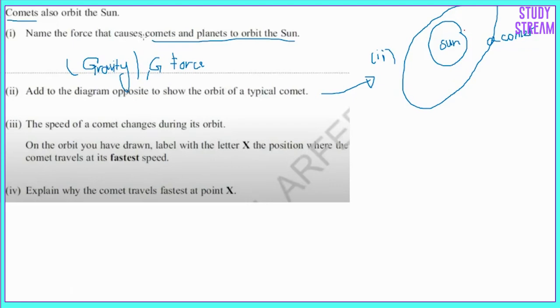So where on this orbit would it have the highest orbit speed? When it's closest to the sun, right? Yeah, so probably here would be the closest. So roughly anywhere closest to the sun would be the highest velocity.